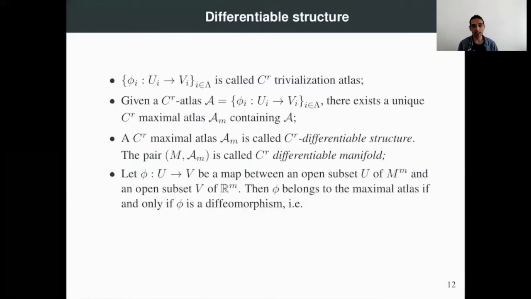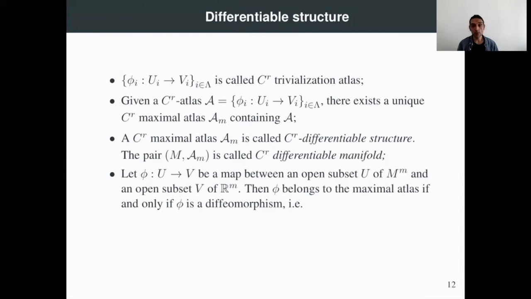And an interesting question is, what do we need in order to say that some map belongs to the maximal atlas? Okay? For instance, imagine that we have a map phi between an open set U of our manifold M and an open subset B of R to the power small m. Small m is going to be the dimension of big M. Then we want to know whether or not phi is an element of the maximal atlas.